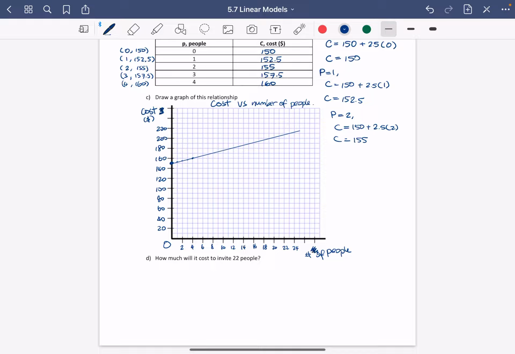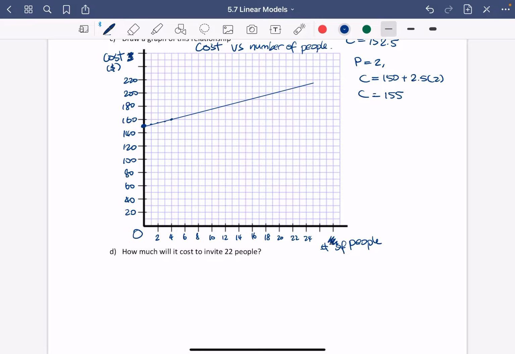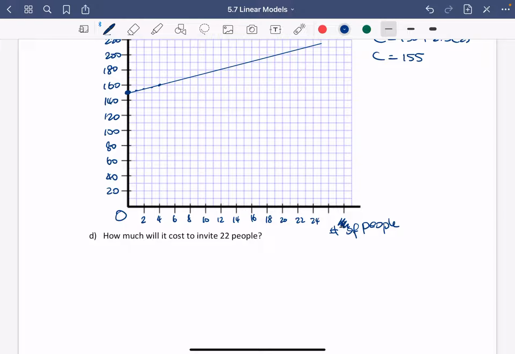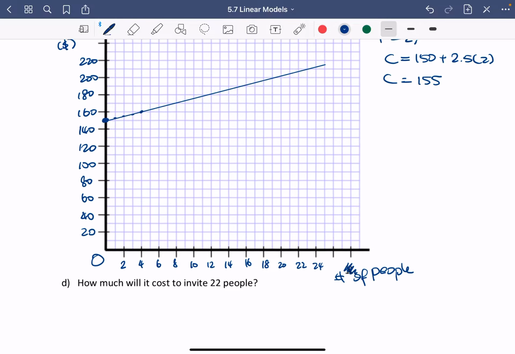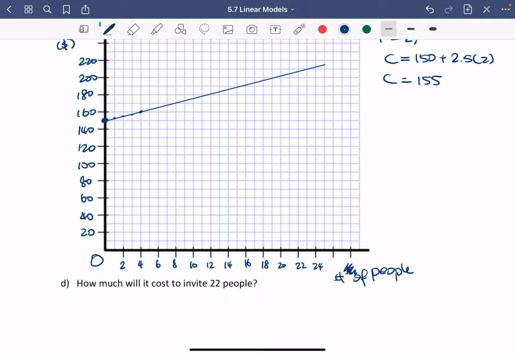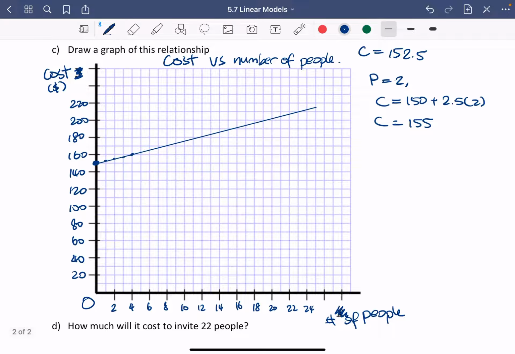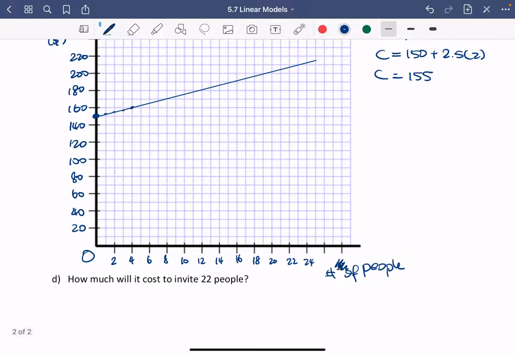Okay. So the last question is how much would it cost to invite 22 people? If your graph is accurate enough, then you can read from the graph. So the number of people, 22 people, is on the horizontal axis.